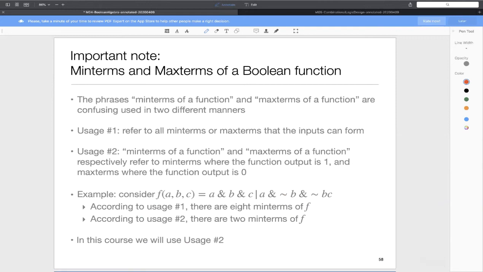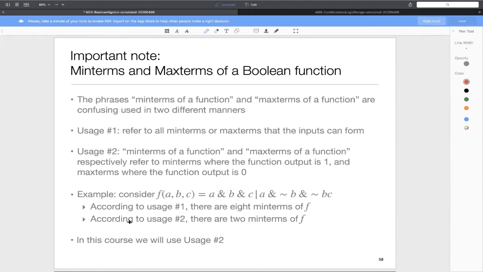One thing is sometimes you will see this expression even during the course where I say what are the min terms and max terms of a Boolean function. Unfortunately, even the textbook uses it in two different ways. Sometimes when I give you a Boolean function and ask what are its min terms, it is referring to all the possible min terms and max terms that the input can form.